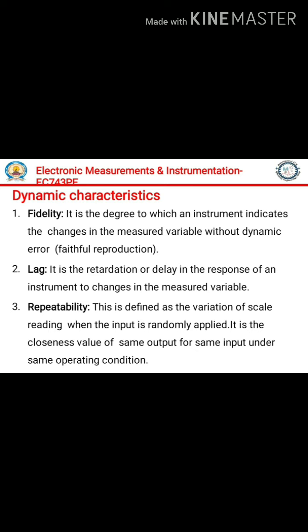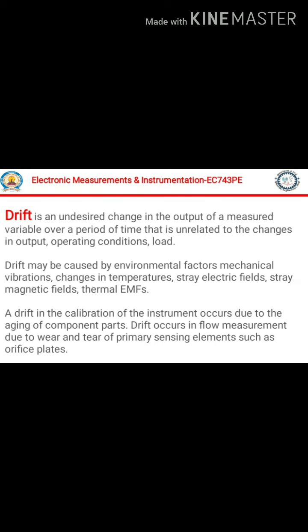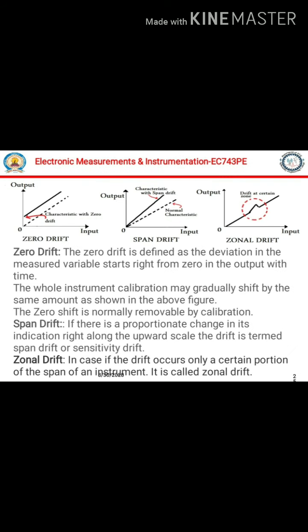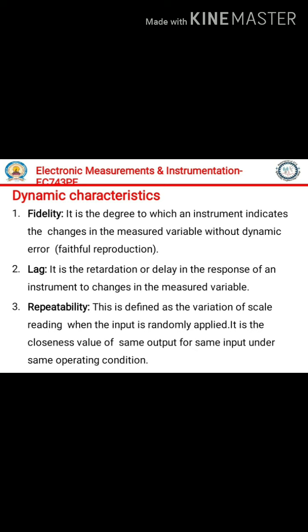How far your instrument is reproducing or indicating the exact value of the measurand under dynamic conditions, this is the only thing you have to concentrate on. Fidelity means when the input is in a changing environment, how effectively the instrument is producing the output. Under changing conditions, how faithfully your system is giving the output is called its fidelity.